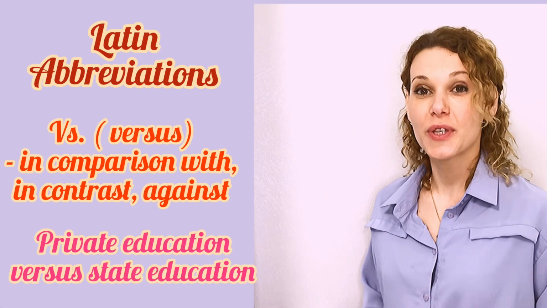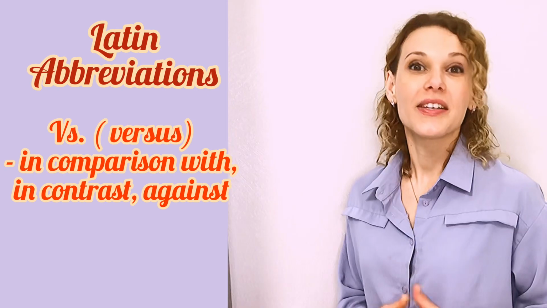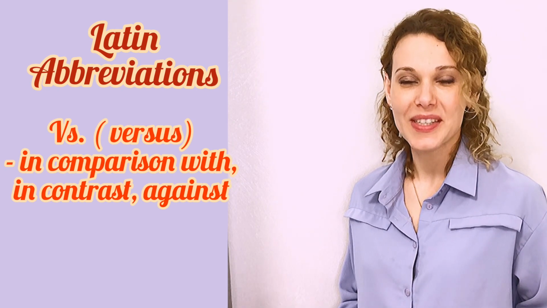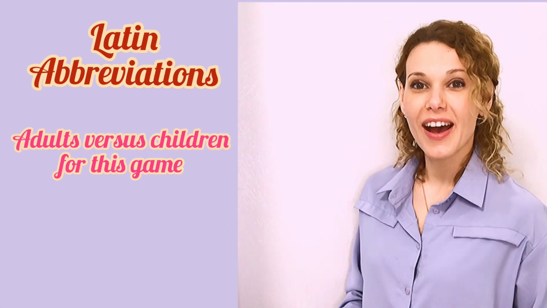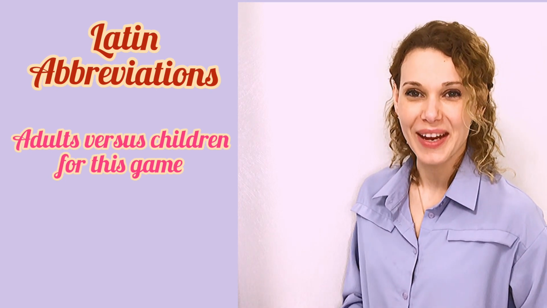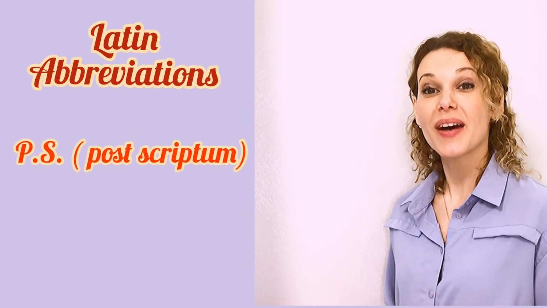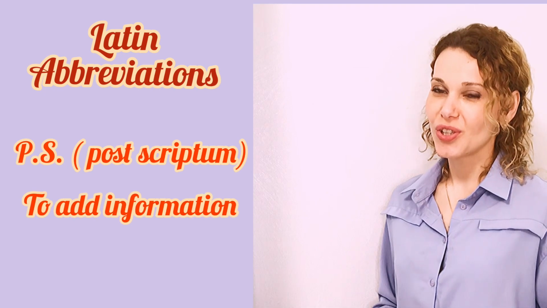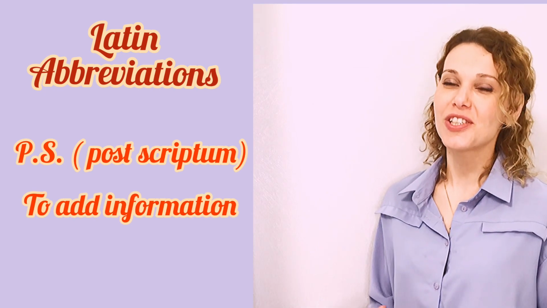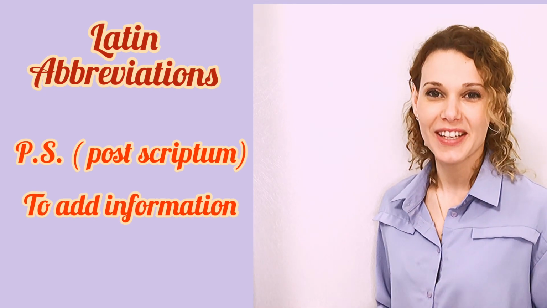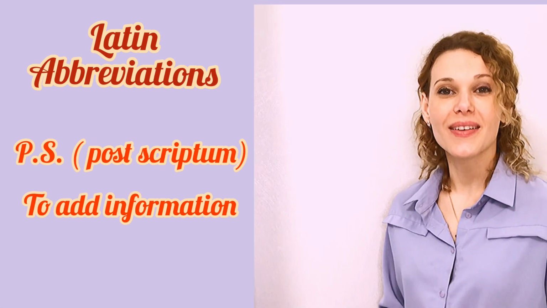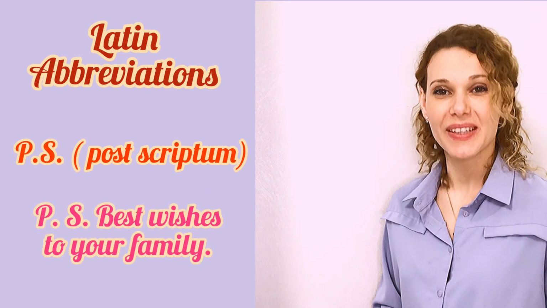Private education versus state education. Especially we use it when two teams are competing against each other. Adults versus children for this game. And PS, postscriptum, we usually use it when we want to add some additional information at the end of the letter or email. PS, best wishes to your family.